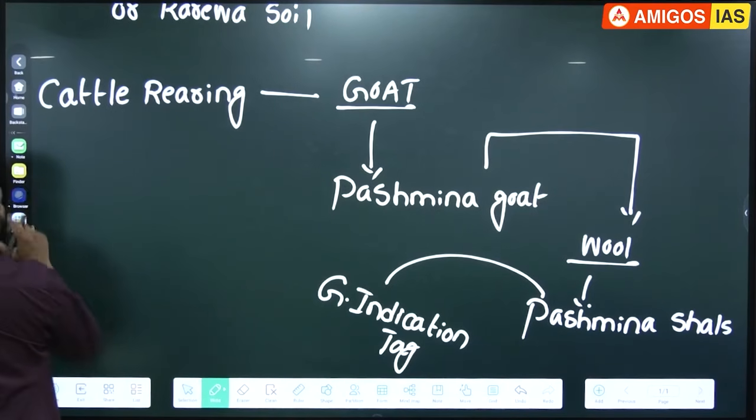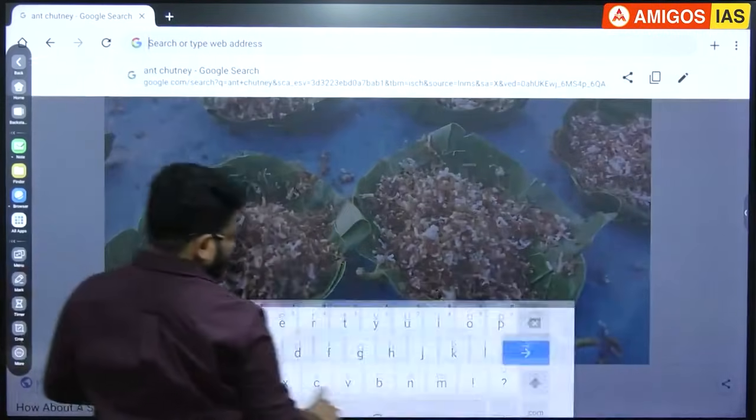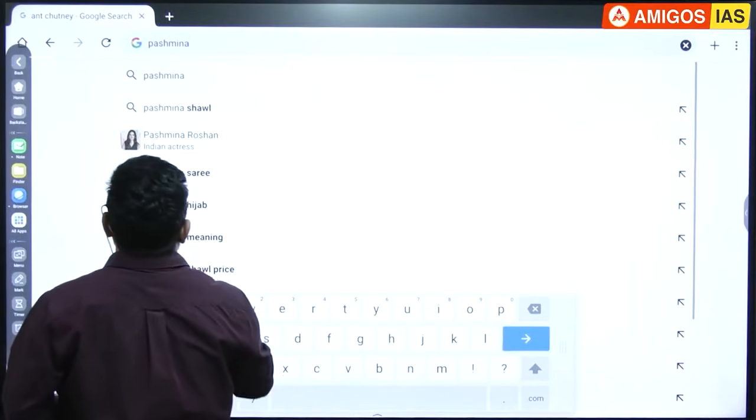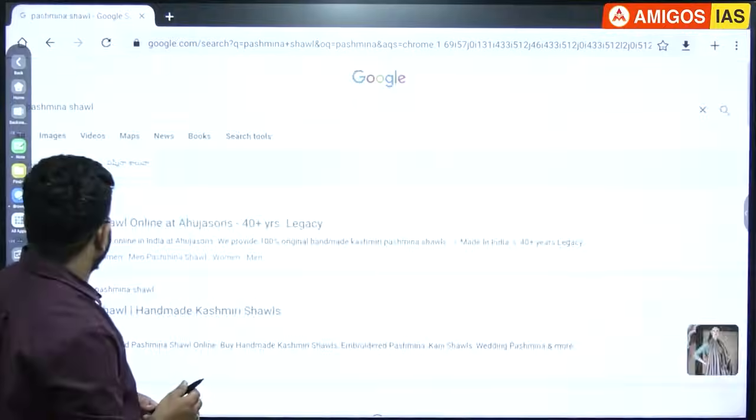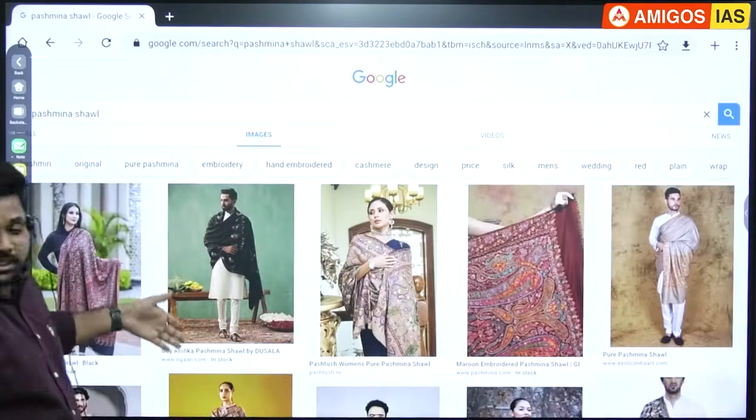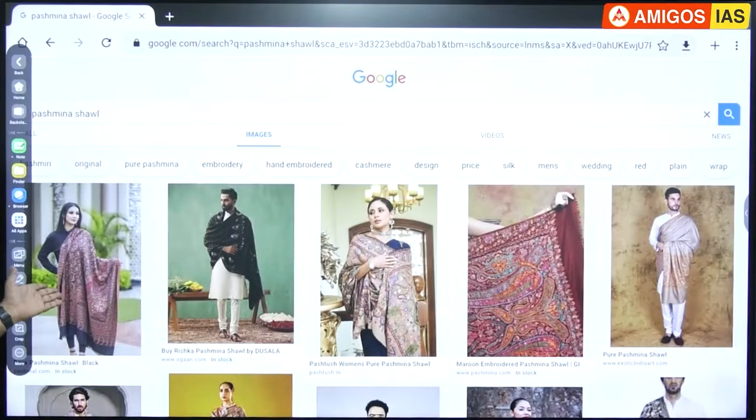See the Pashmina goat. This is called Pashmina shawl. These shawls are made from Pashmina goat wool.